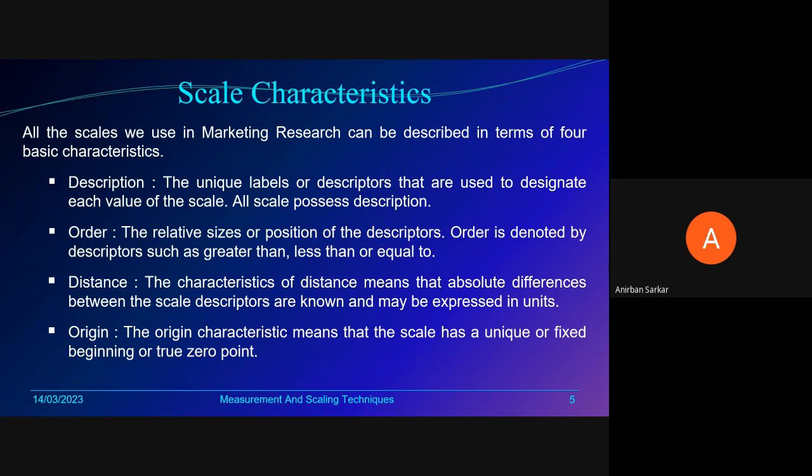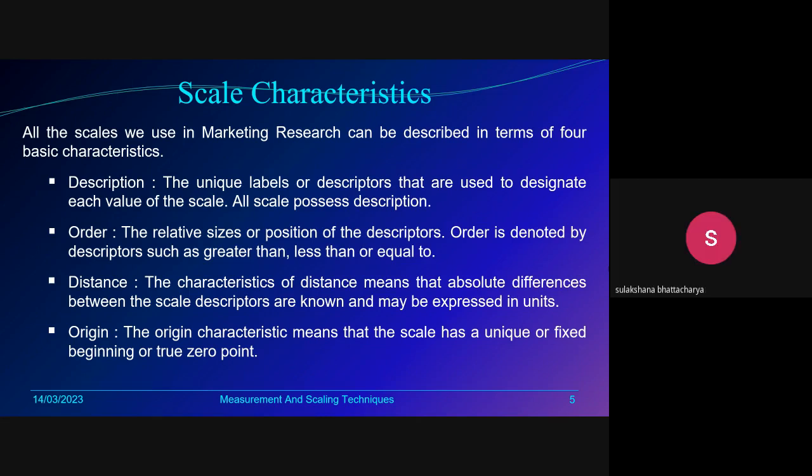Okay. Order. The relative size or position of the descriptors. Order is denoted by descriptors such as greater than, less than, or equal to. So we can say from the rank that Apple in terms of revenue is greater than Amazon. Can we say?